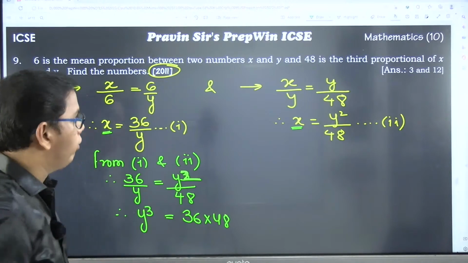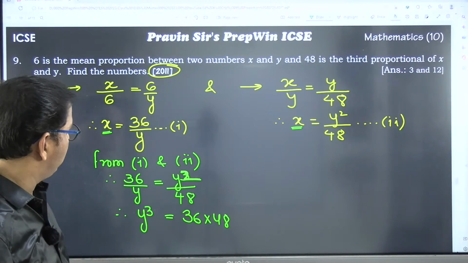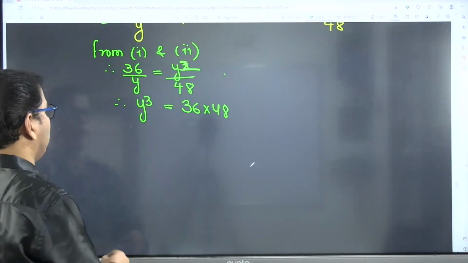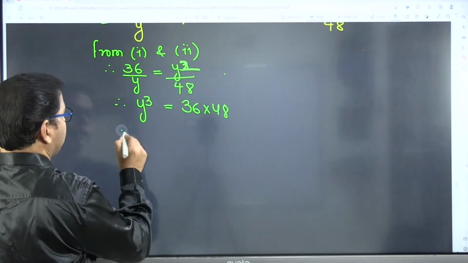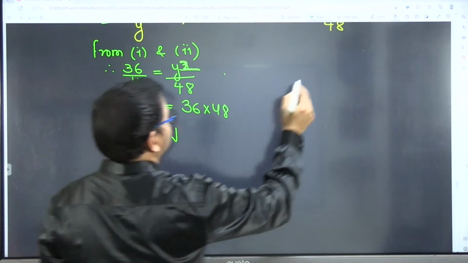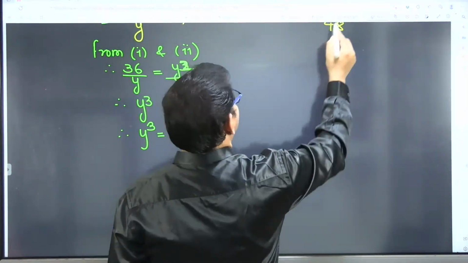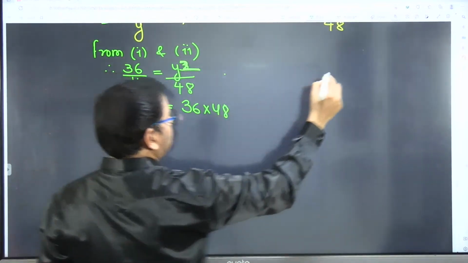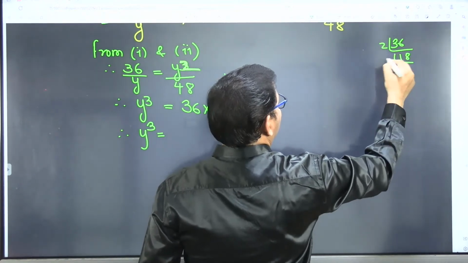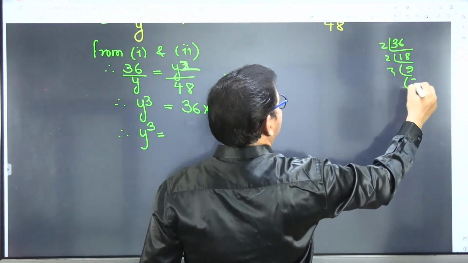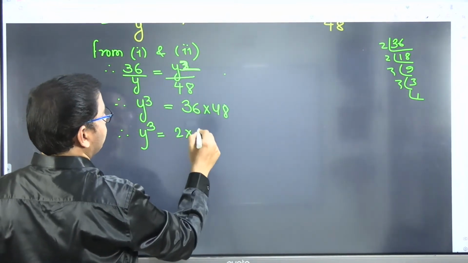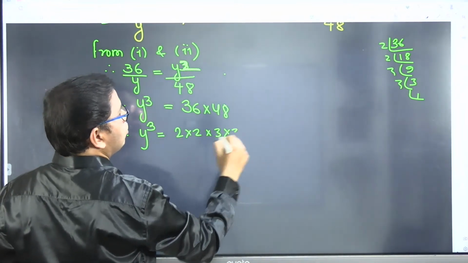Don't multiply, don't waste your time. Okay, we will factorize this. What are the factors of 36? 2 into 18, 2 into 9, 3 into 3, 3 into 1, isn't it? 2 into 2 into 3 into 3.